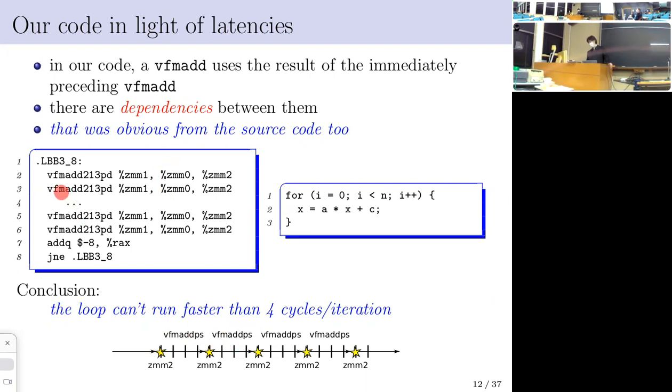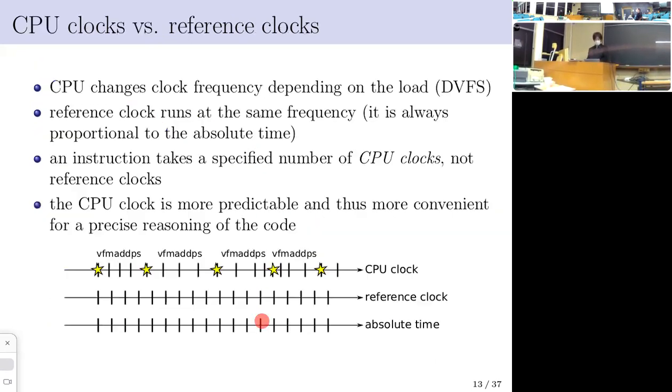So the next instruction is just waiting for the result from the previous FMA to become available. So that is the reason why it takes 4 cycles per iteration. But you may say, wait, it was not exactly 4 cycles. It was something like 3 point something cycles, right? So sorry, it was not exactly 4 cycles you observed.